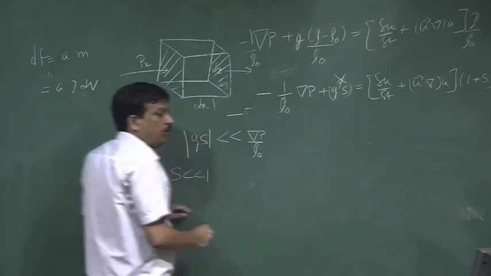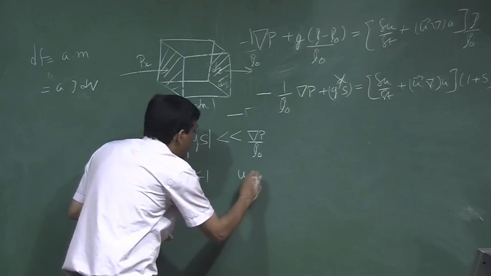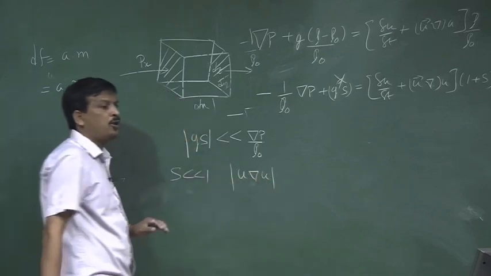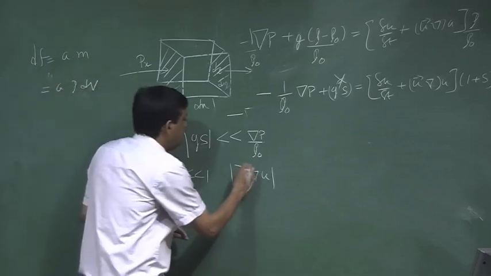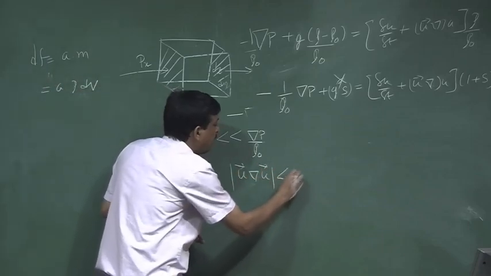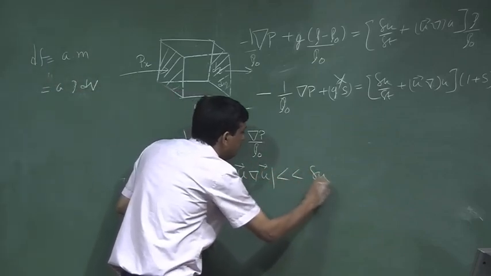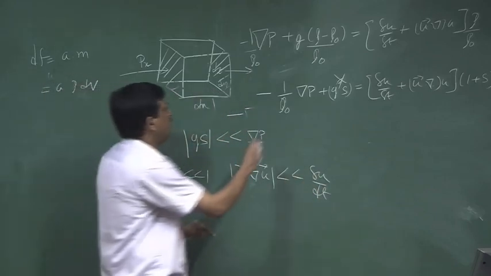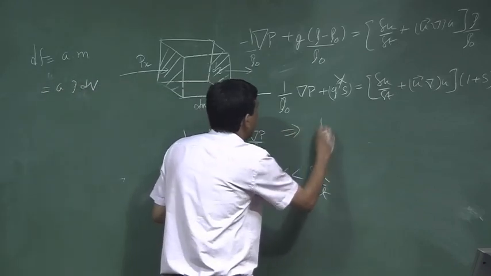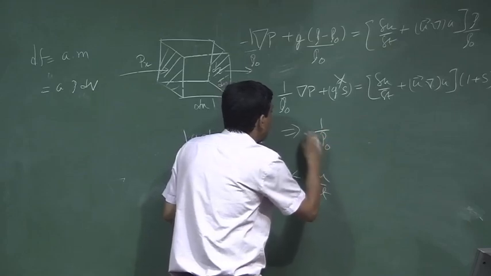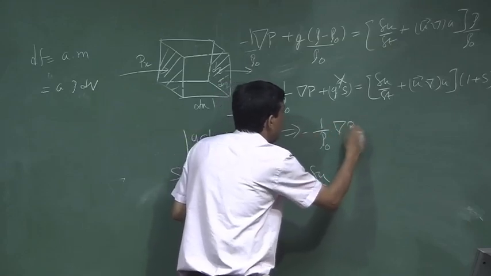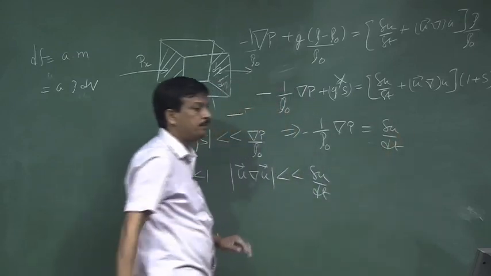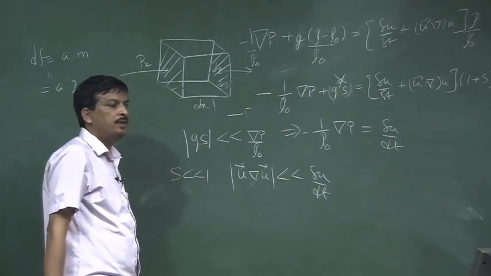Similarly, if I consider the amplitude of this vector, this vector's amplitude is much less than this term. Then I consider this term is nothing but 1 by rho 0 minus the divergent of p is equal to del u by del t.